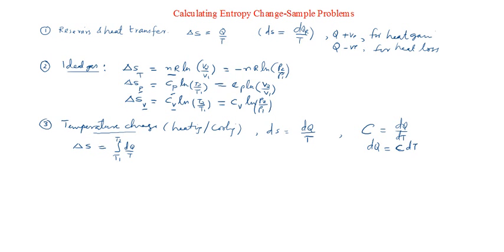Small c is equal to capital C divided by m. So wherever you see capital C, you can write it as m into small c. That is where you get the equation dq is equal to mc dT.